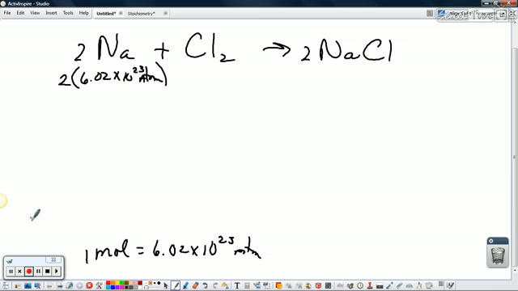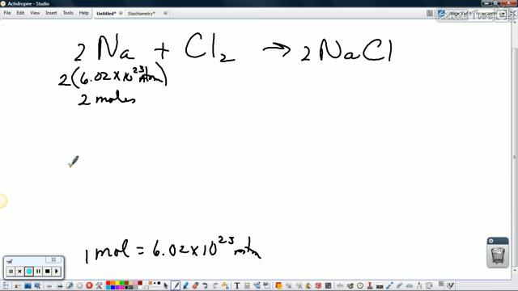So instead of saying 2 times 6.02 times 10 to the 23rd, we would say this represents 2 moles. And your book would say 2 moles of atoms.